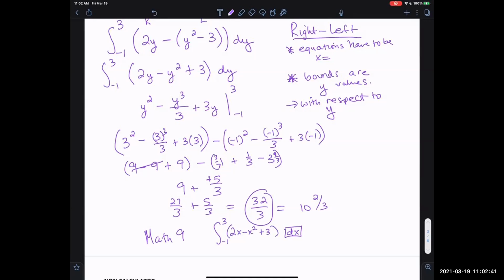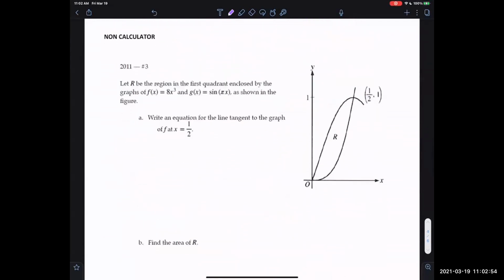You will still get your 32/3, which 10 and 2/3 would be 10.6 repeating as your answer. It's going to give you the decimal form. So you can still check this in the calculator. Okay. All right. Now we're going to practice.